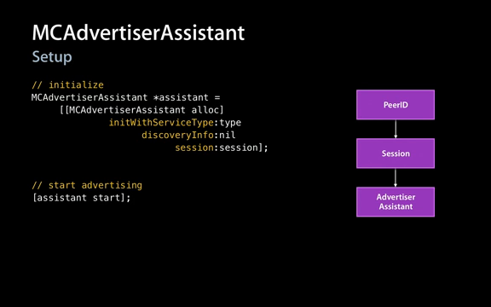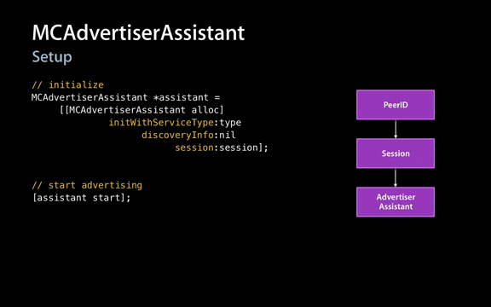Lastly, you'll want to use the MCAdvertiserAssistant object. The MCAdvertiserAssistant object is instantiated with 3 parameters. The first one is a service type, and that's an NSString parameter. A service type identifies the type of session that the advertiser wants to participate in.